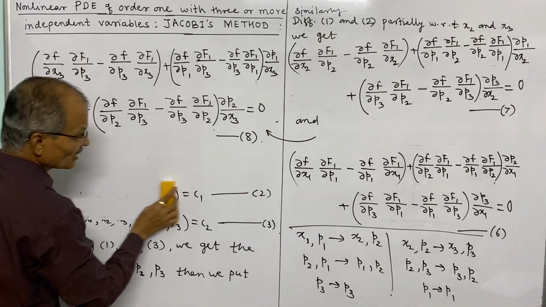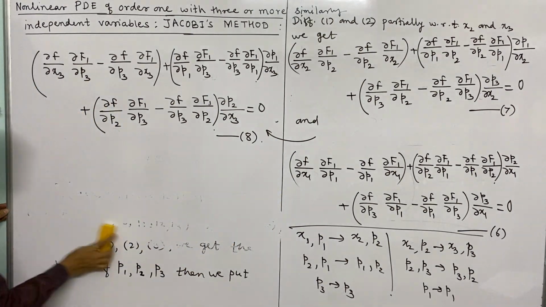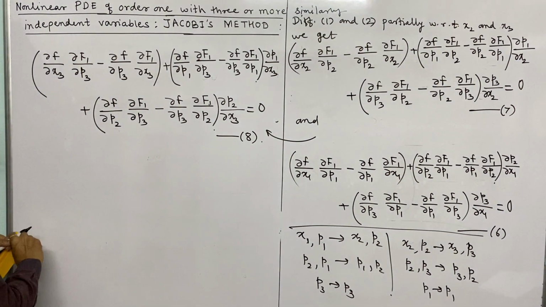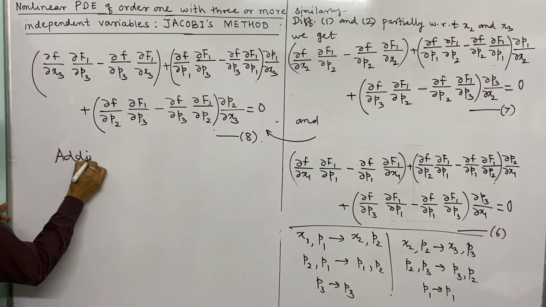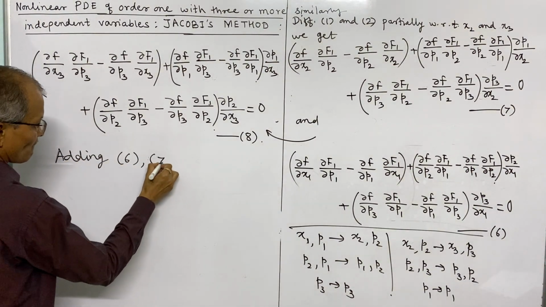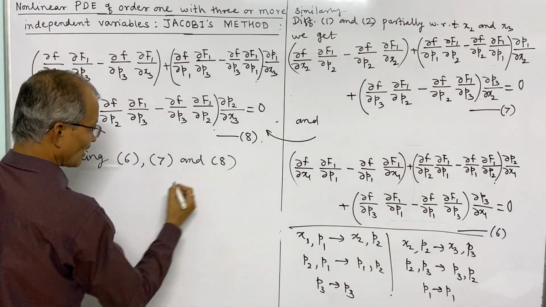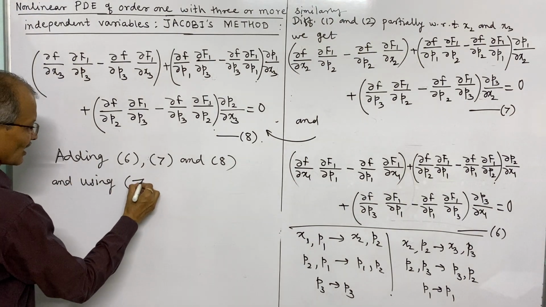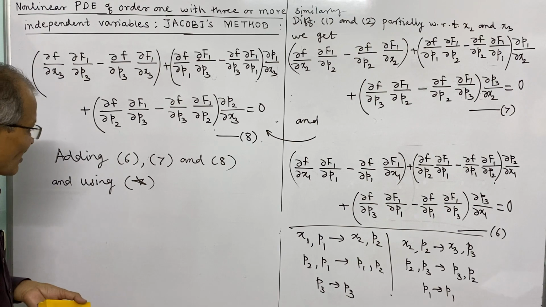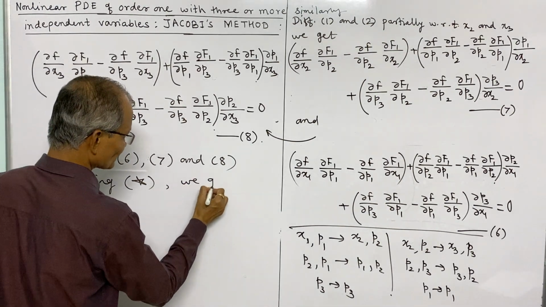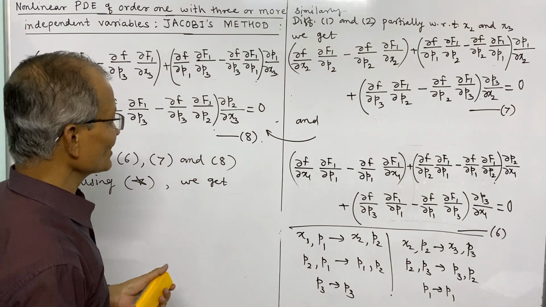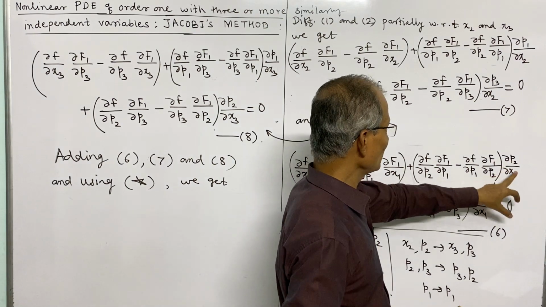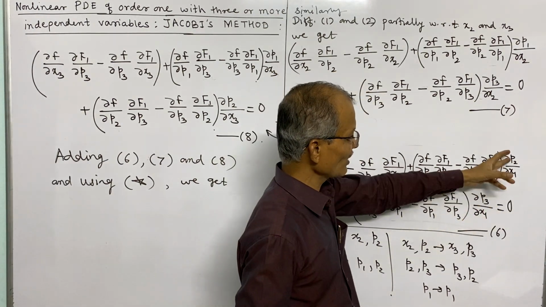Now what we shall do is add these 6, 7 and 8, using star. What is written in star, we have: ∂P2/∂x1 is the same as ∂P1/∂x2.